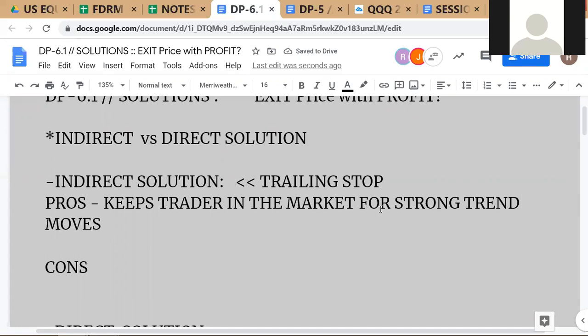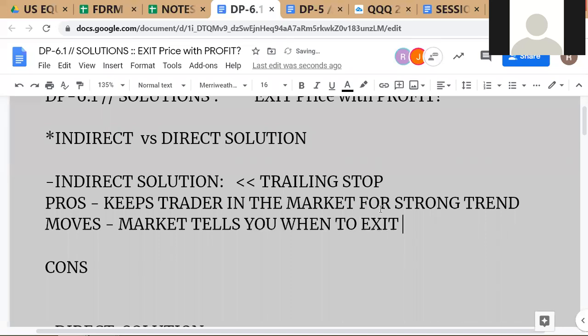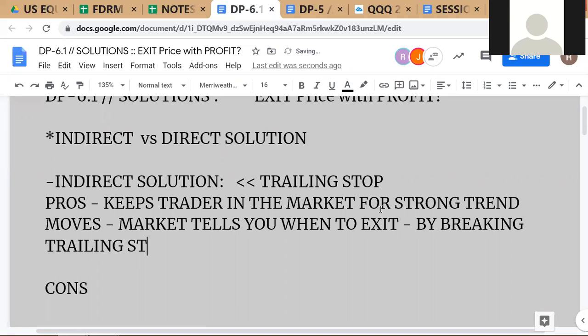The market tells you when to exit by breaking trailing stop levels. So what I mean by this is trailing stop trigger levels.